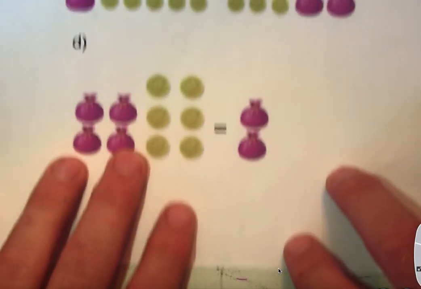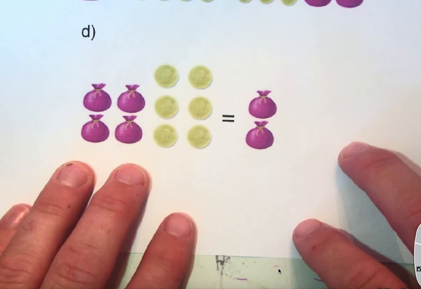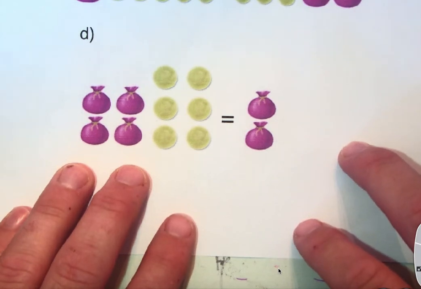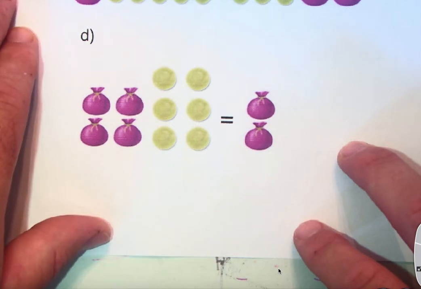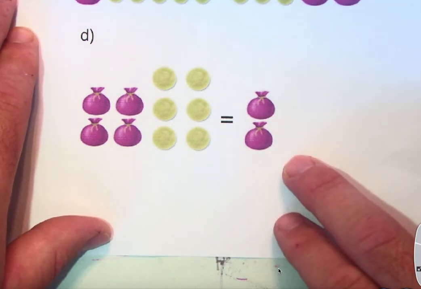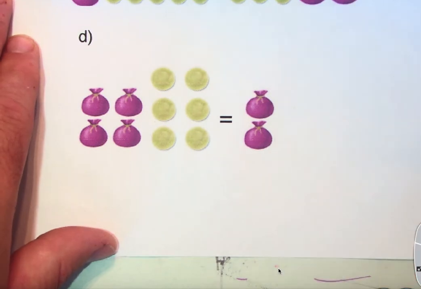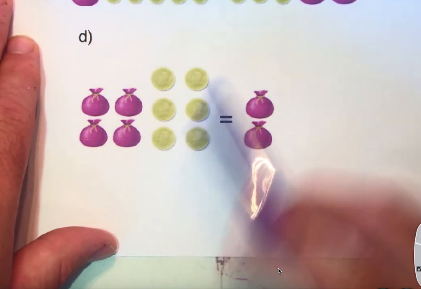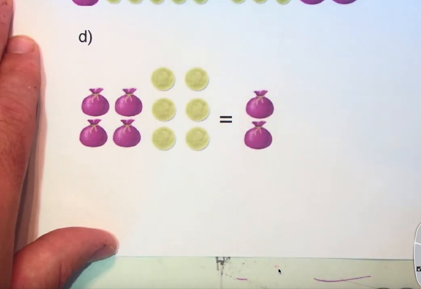Okay, so did anyone figure out D? And D's a little weird on purpose. I gave it as a challenge. Did anyone figure out how many coins are in this bag? If we have 4 bags and 6 coins equals 2 bags, how many coins in each bag?